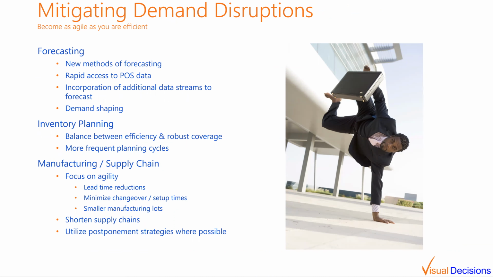So when we're looking at demand disruptions and how demand is fluctuating, especially if you're in a make to stock kind of environment, you've probably had lots of inventory sitting around that isn't getting used, and you've run out of inventory of things that have had demand shift to it.